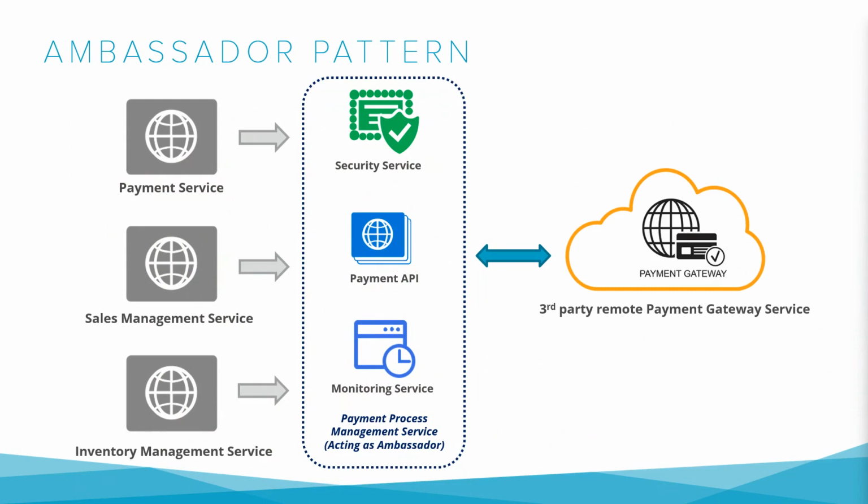So based on the example we have seen, the ambassador pattern simplifies the network related functionalities by centralizing and abstracting tasks such as security, routing, monitoring, and load balancing, allowing services to focus on their core functionality without worrying about the complexities of network communication.